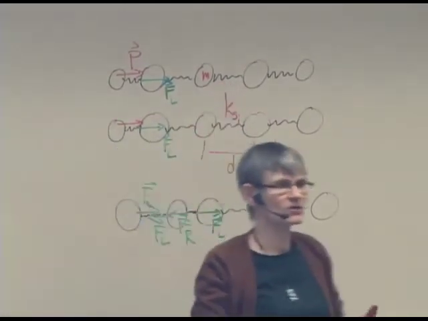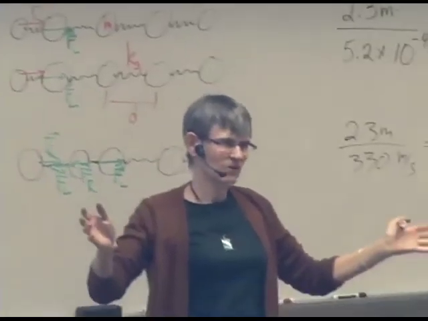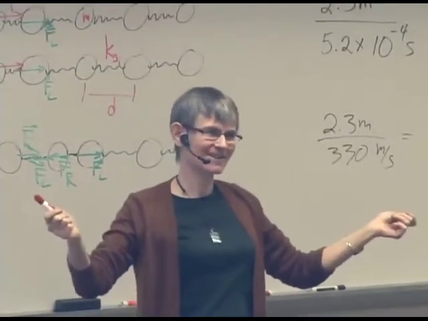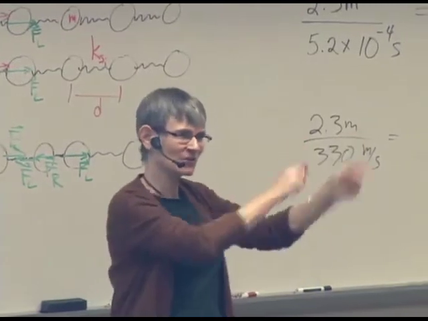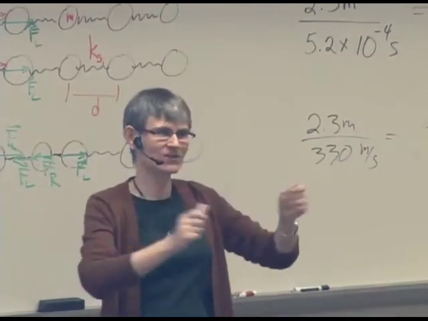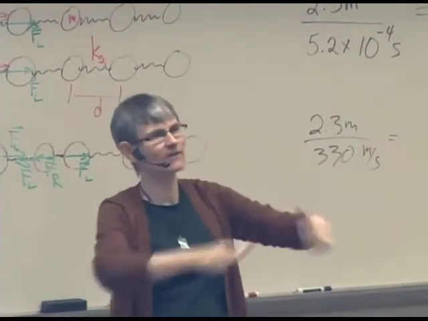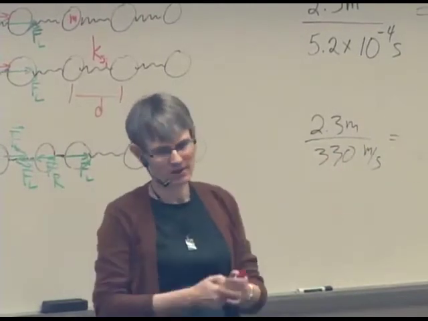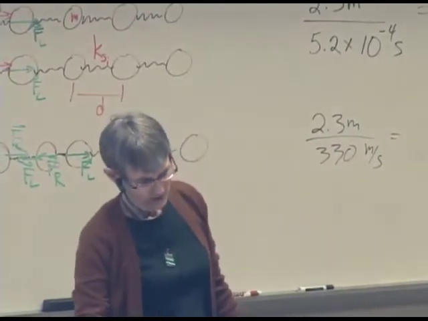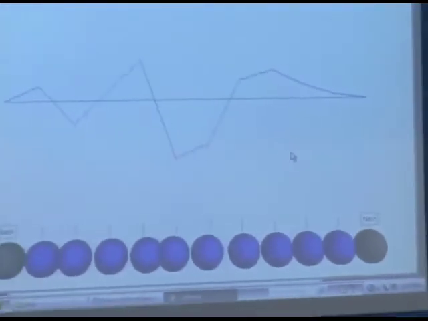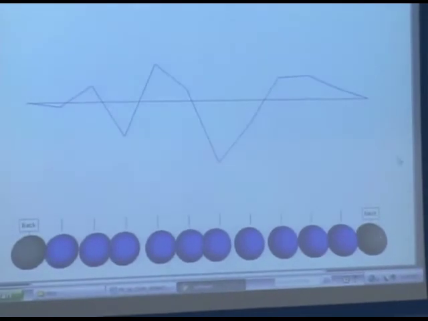It calculates the net force, says p final is p initial plus F net delta t, and changes the momentum of the atom. Then it takes a time step and does it again, for every atom, over and over again. So we get this pulse, this wave propagating toward the end, and then it stops.